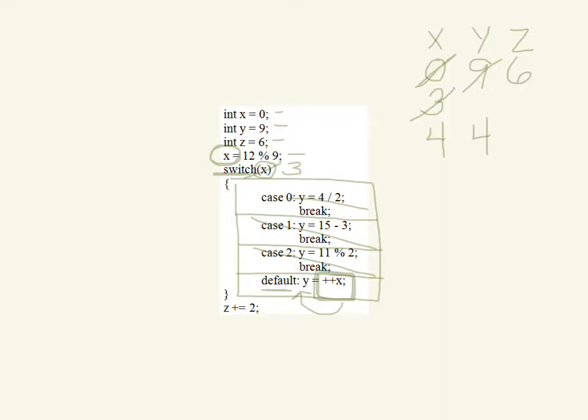And now I come down here to my z, and it tells me that z I should increment by 2. Well, it was 6, and now it's going to become 8. So my ending values are 4, 4, and 8.